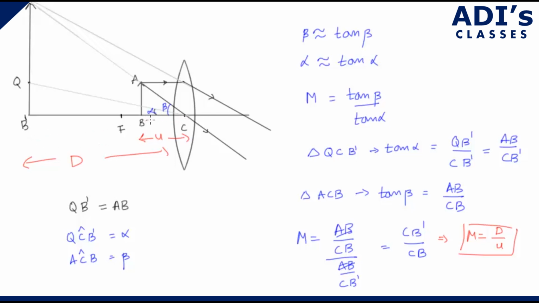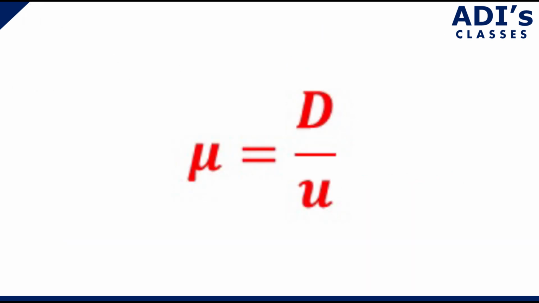So we have the object and the image, two things; the image distance from the center of the lens to the object distance from the center of the lens gives the magnification produced by a simple microscope.